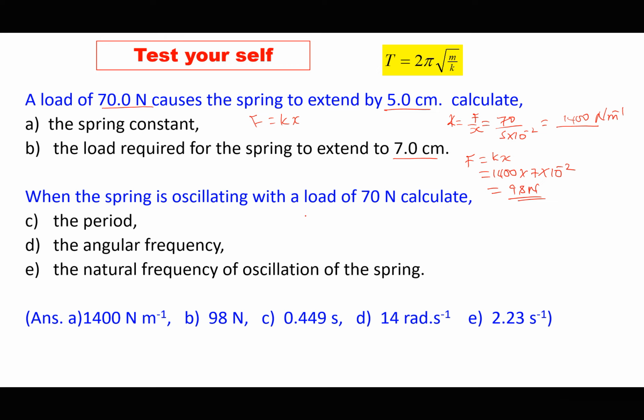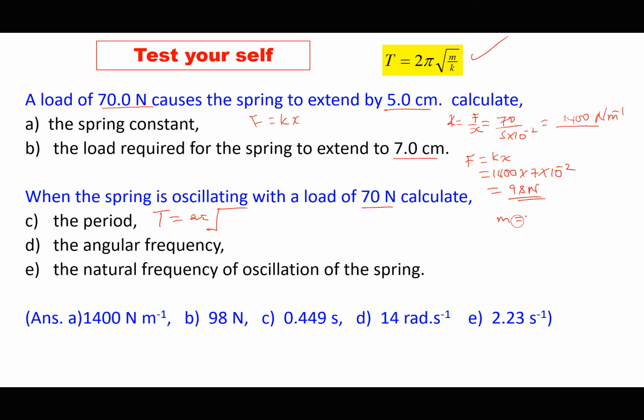When the spring is oscillating with a load of 70 newtons, calculate the period. Of course, to find a period, you have to think about the expression for the period. We derived this equation, and I don't want to derive it again. I'll just use it here. The period is going to be 2 pi square root of m over k. m is the mass, but they said the spring is oscillating with a load of 70 newtons.